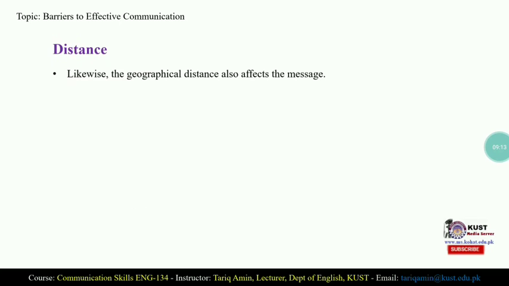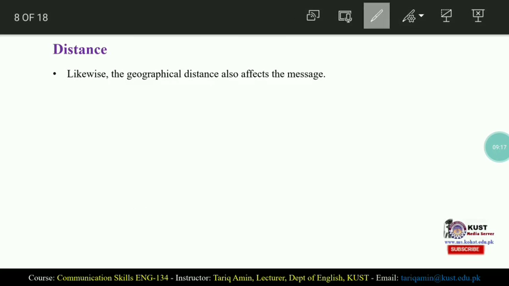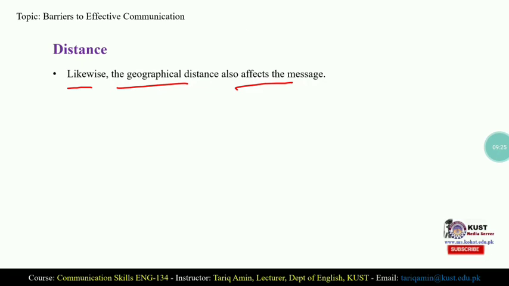Similarly, distance is also one of the physical barriers. Likewise, geographical distance also affects the message. For example, you send a message from Kohat to your friend who lives in Karachi. So there is a lot of geographical distance. And nowadays technology is there. You have your cell phone, you can talk to him, but sometimes your cell phone does not work.